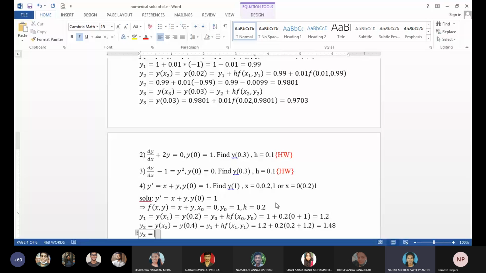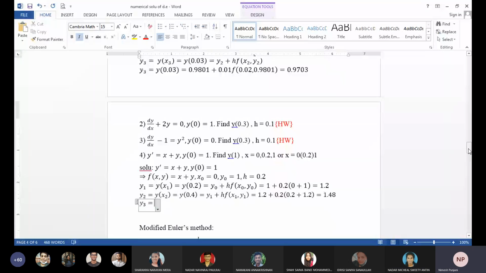Yes, sir. Okay. Now I'll just write down what is to be calculated, and you calculate and give me the values. Next we have to calculate y3. y3 is y of x3, that is y of 0.6.